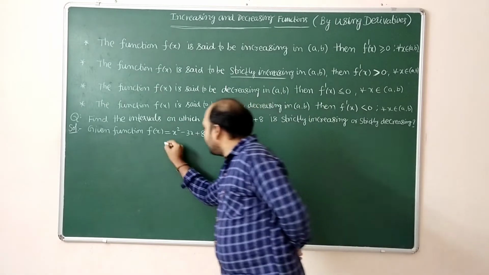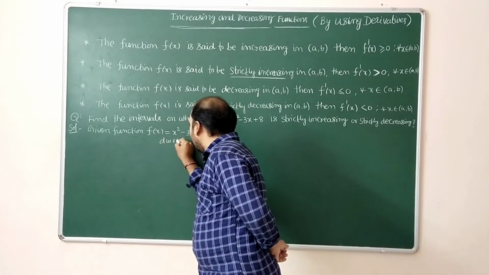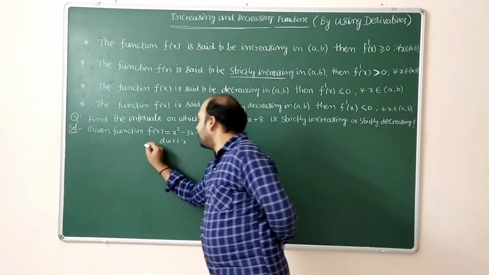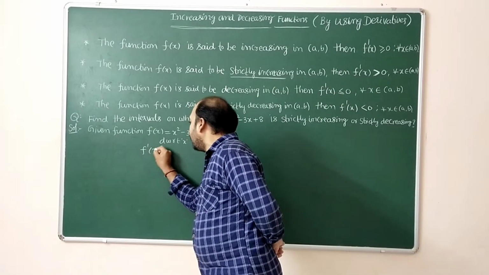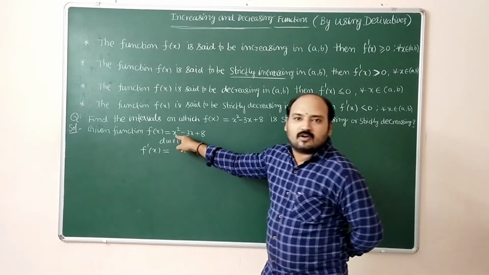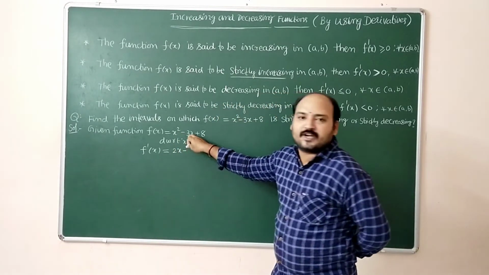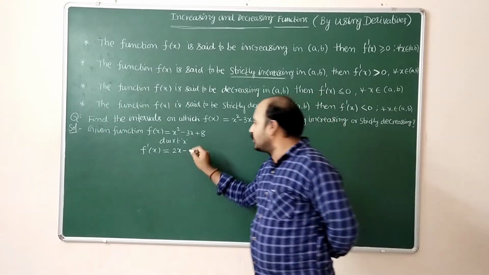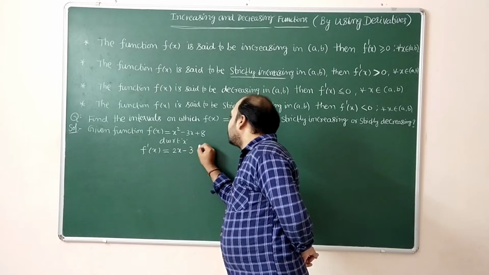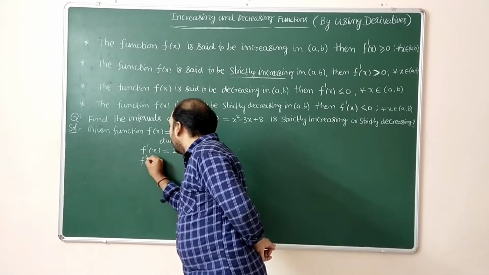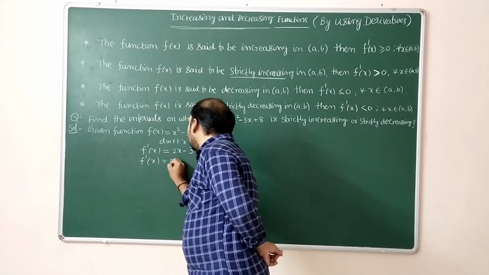So now differentiate with respect to x. F of x derivative is f dash of x, d by dx of x square is 2x, minus 3 constant, d by dx of x is 1, so 3 into 1 is 3, plus 8 constant is 0. So f dash of x value is 2x minus 3.